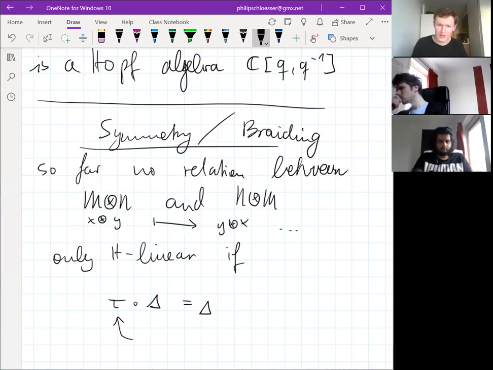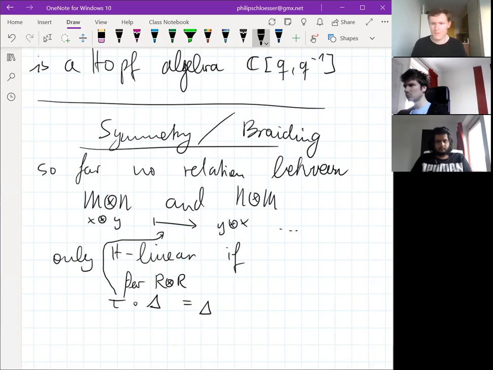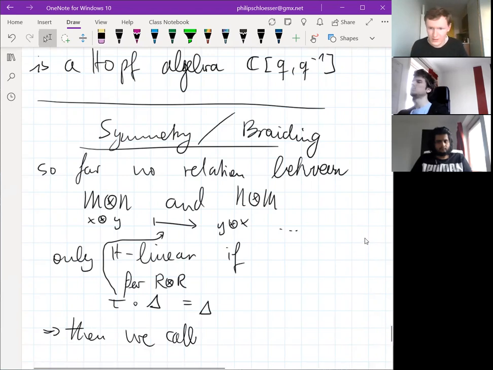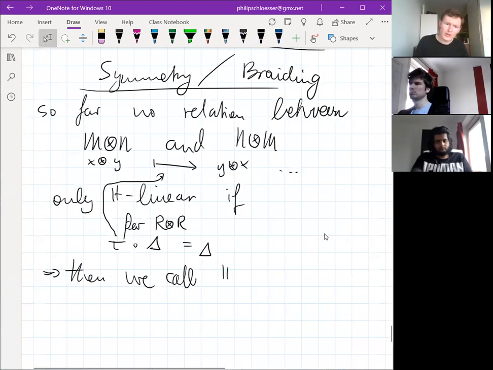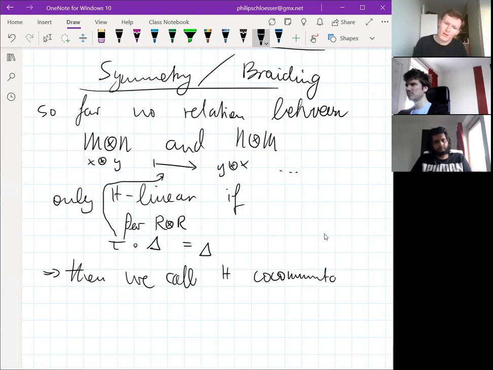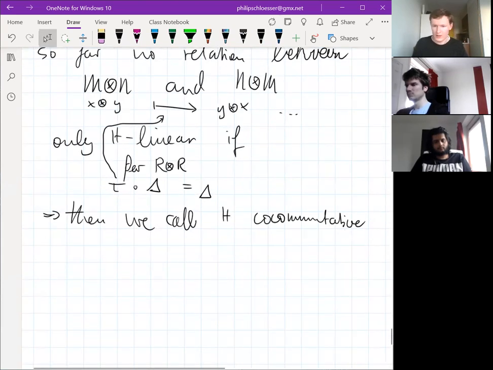Tau is in that case exactly that map, for R tensor R. In that case we call H symmetric or co-commutative, which is not in general the case.